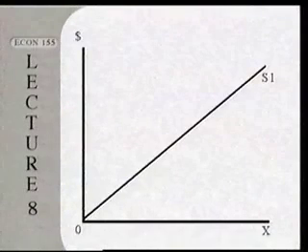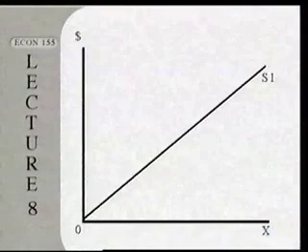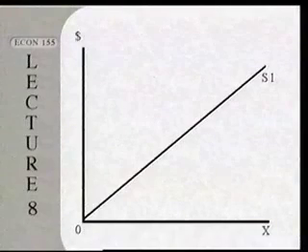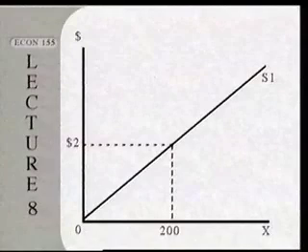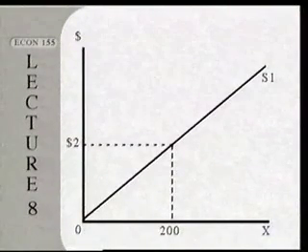As before, let's be real clear what we mean by a change in supply or a shift in supply. Start off with the price of a good at a certain level, $2, and suppliers are offering for sale maybe 200 units.